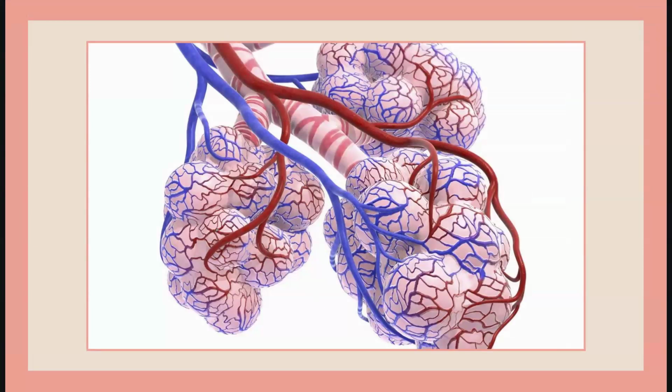So air enters through here, and through the process of partial pressure diffusion, which we'll explore later. Essentially, you have these arteries that come out and blend into these sacs, and you have the veins that blend into these sacs. Essentially, what happens inside these sacs is that gas exchange occurs, right?